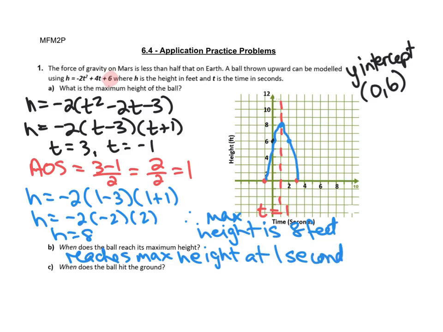And when does the ball hit the ground? Well, remember, that was the other 0, because we can look at our sketch and know that height is 0 when I'm on the ground. And so the ball hits the ground at 3 seconds.